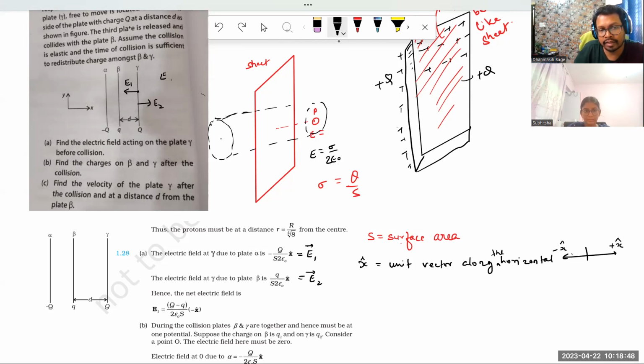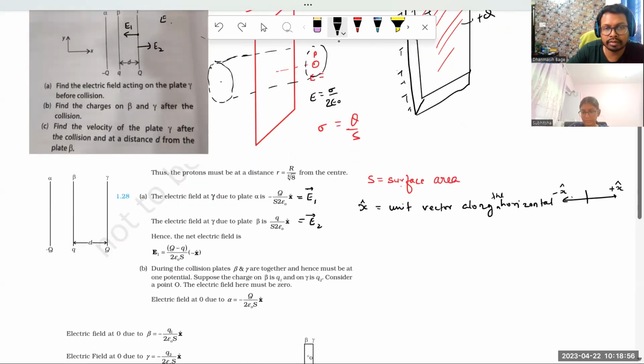Now just see this thing. If you add this, the net electric field will be equal to what? I'm using E1, right? There is a terminology difference, but you can understand this. Let's say EA, EB, something like this.